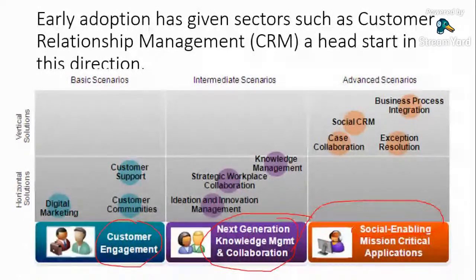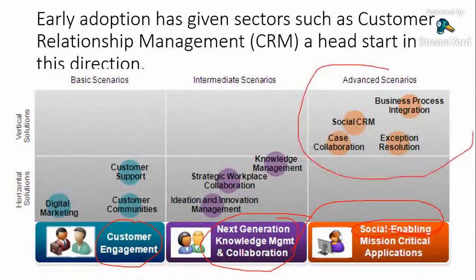Social enabling and social engineering. Nowadays, advanced scenarios are driving your business toward social computing. It is not simply digital marketing where you used to put banners on some website and people click and get directed to your website. That is the old business model.